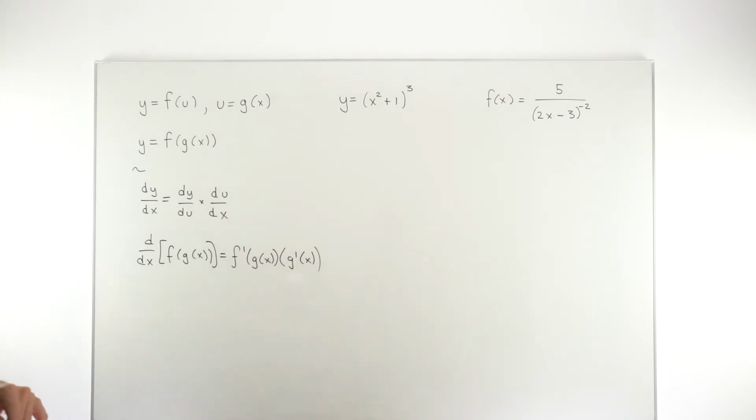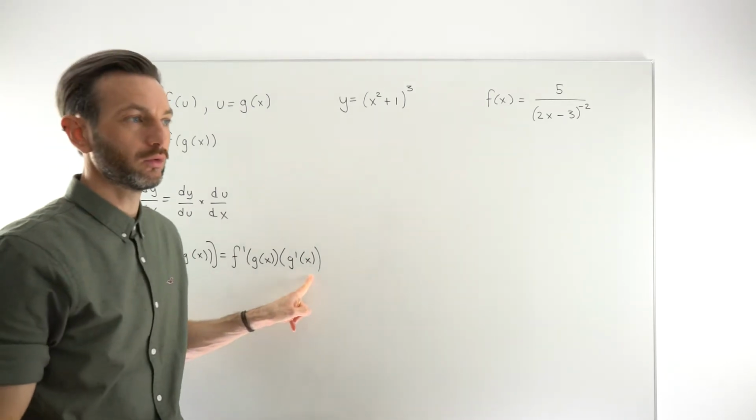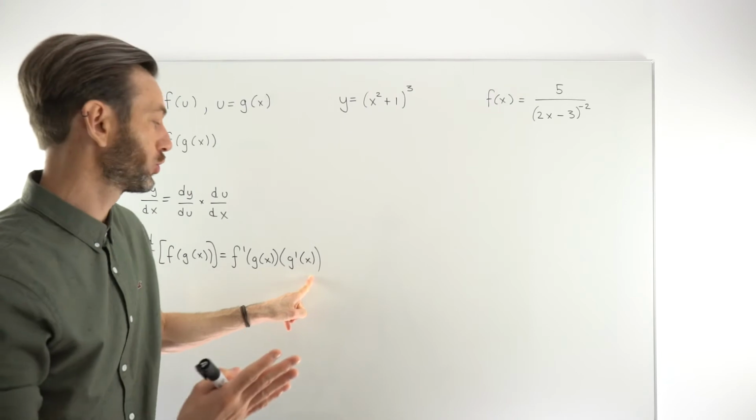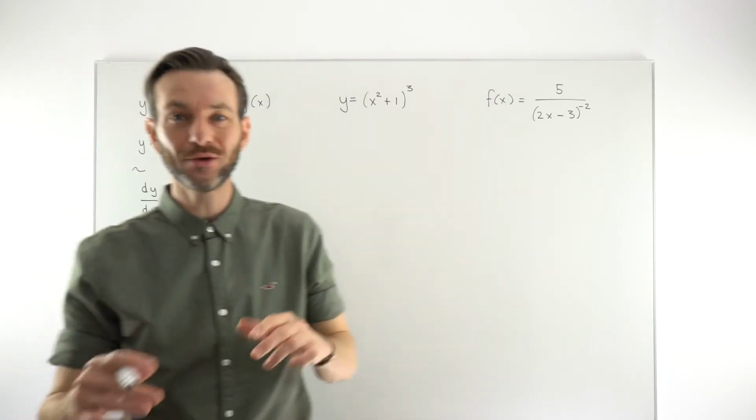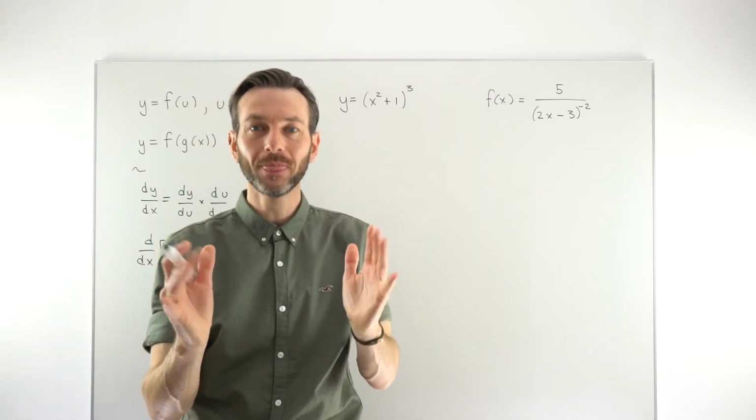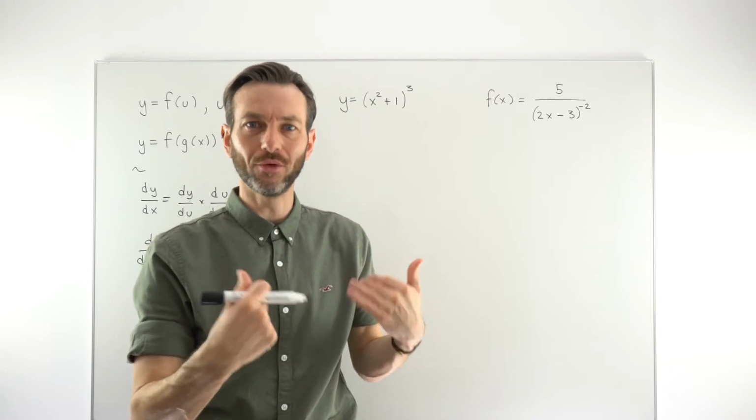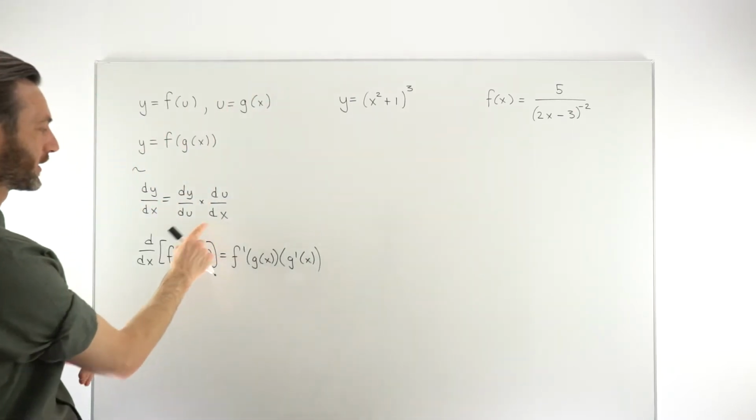That really is, in essence, how the chain rule for composite functions works. You take the derivative of the overall function, and then you multiply that by the derivative of the internal function.